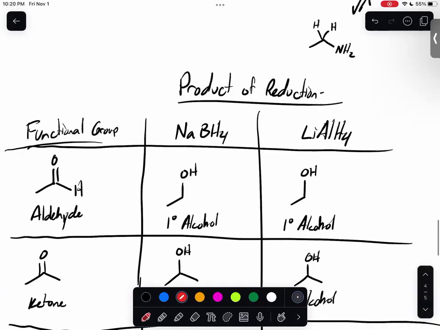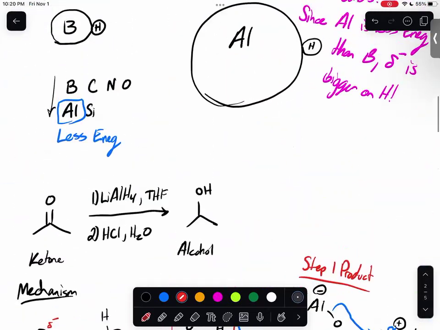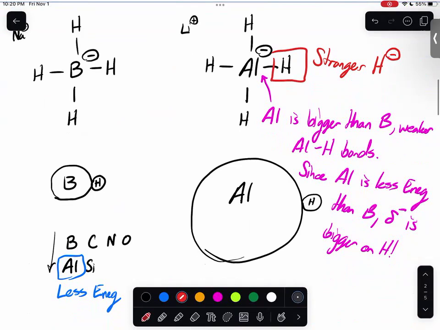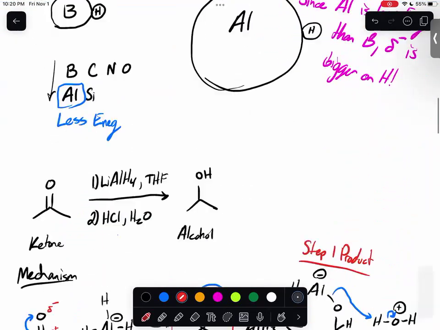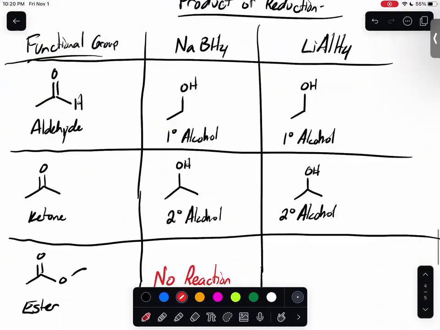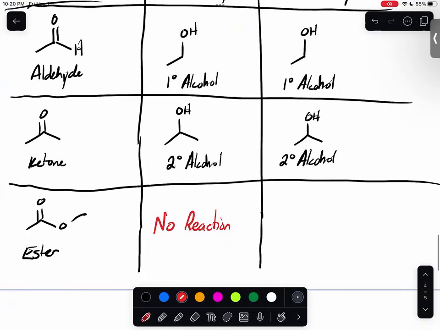Let's return back up here and look at our little diagram. It has weaker hydrides. That means it actually has trouble reacting with some carbonyls. In this case, the ester is not reactive to sodium borohydride, but we've already seen that lithium aluminum hydride makes the primary alcohol.